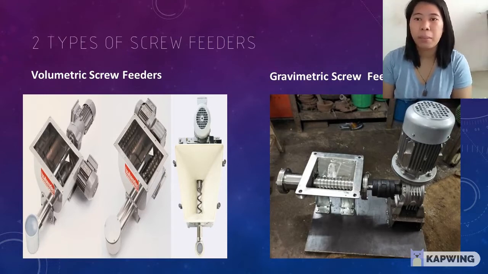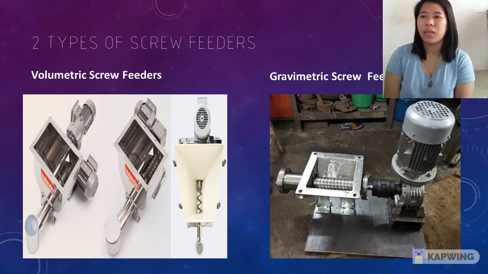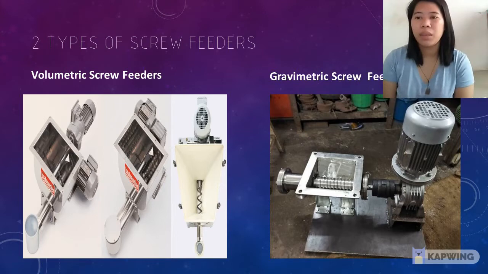Take note that a loss in weight is gravimetric. It directly measures the material's weight to achieve and maintain a predetermined feed rate.